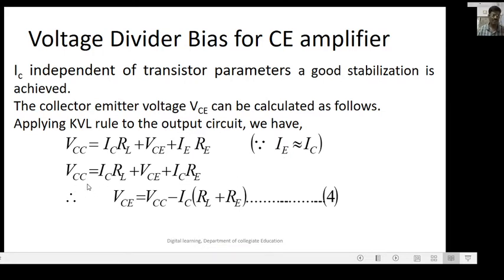Therefore VCC is equal to ICRL plus VCE plus ICRE. Therefore VCE is equal to VCC minus IC into (RL plus RE).